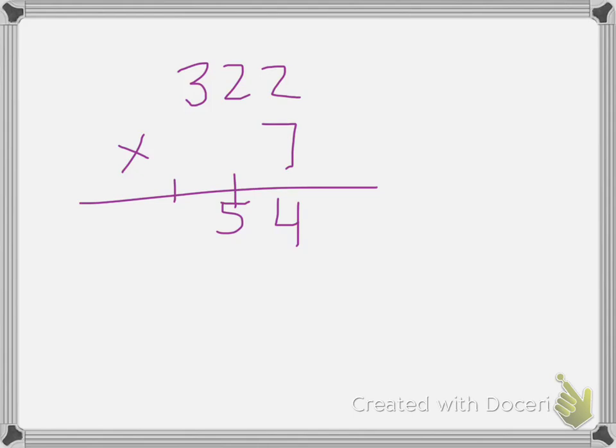Now I have 7 times my 3 in the hundreds place. 7 times 3 gets me 21, plus the 1 that was renamed, I end up with 22, and that is my final answer of 2,254. So you record, you rename, and then you multiply and then add the renames from the place value before.